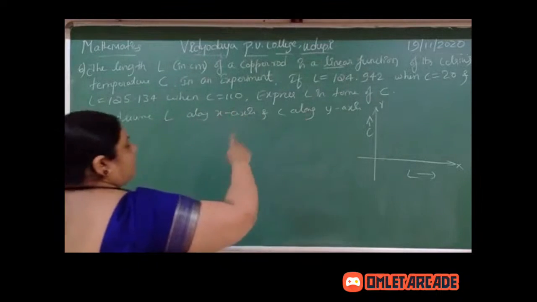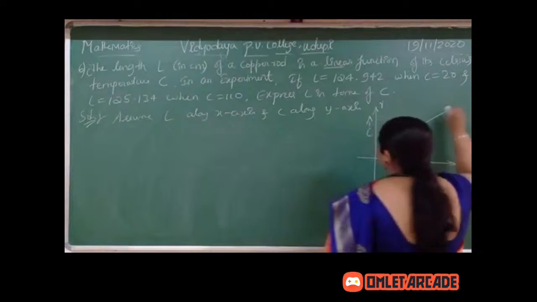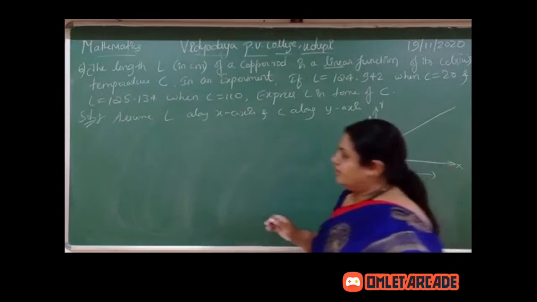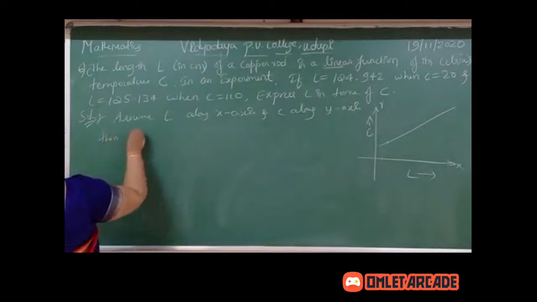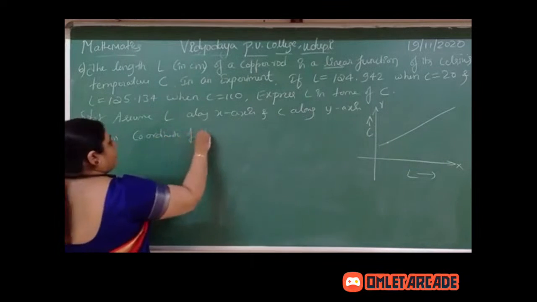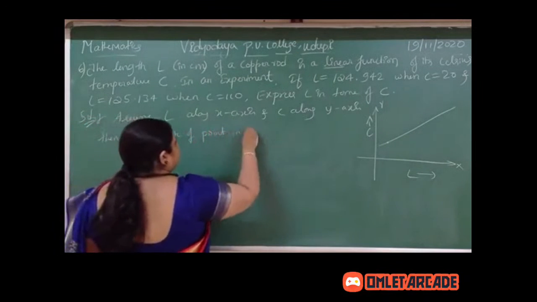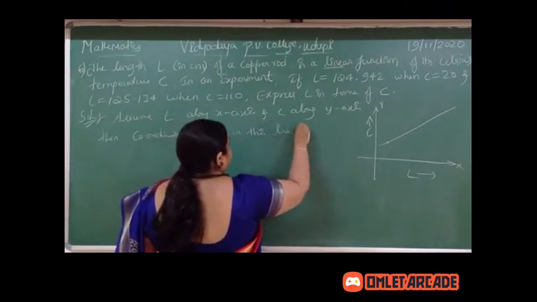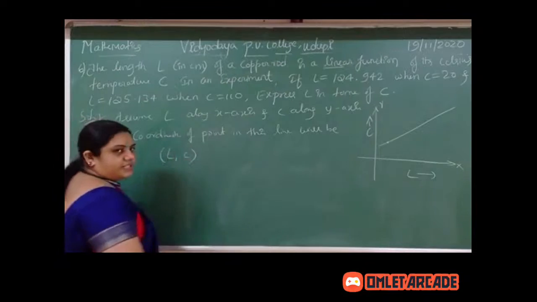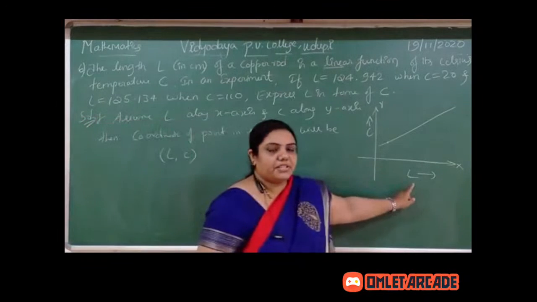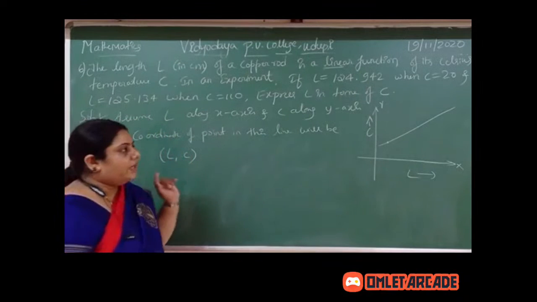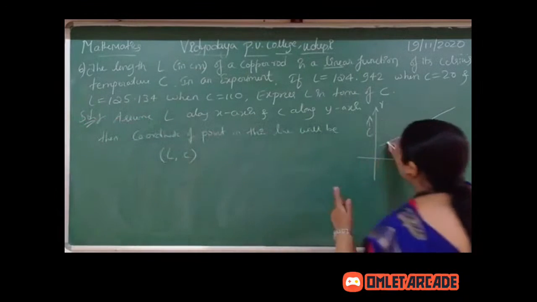So this now represents a straight line, isn't it? Two points are known. The coordinate of a point on this line will be L comma C, where the x coordinate represents length and y coordinate represents temperature C.